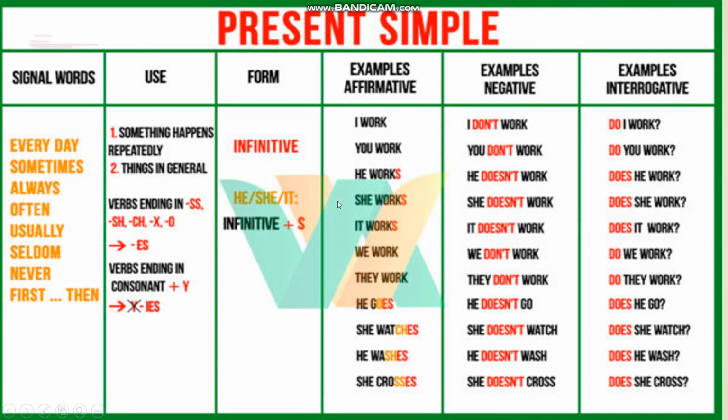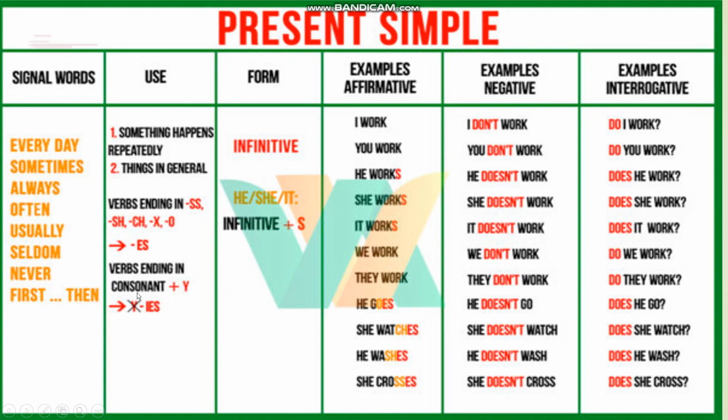As it said before, with he, she, it, we add s to the infinitive. And we add es if the verb ends in ss, sh, ch, x or o. For example, he goes, she watches, he washes, she crosses.